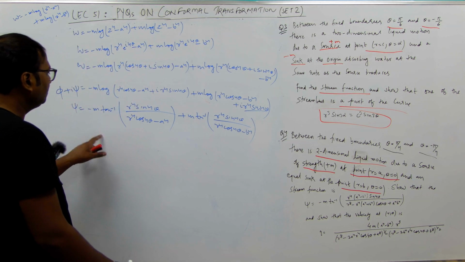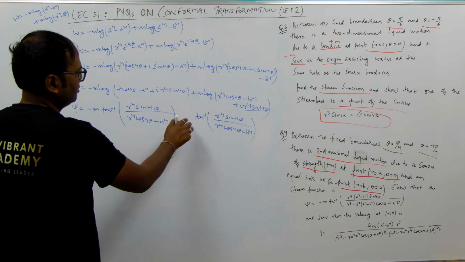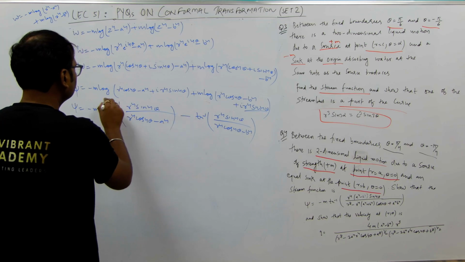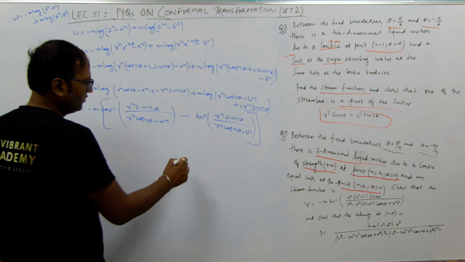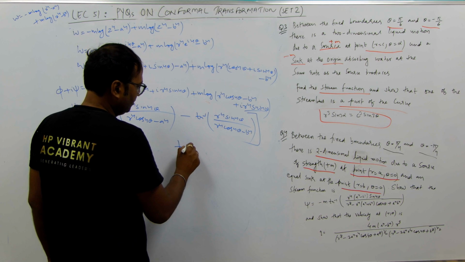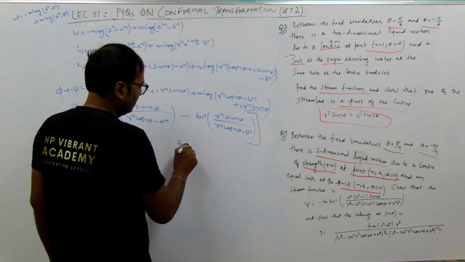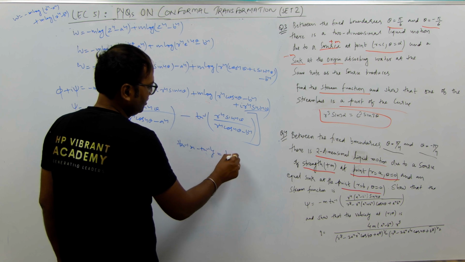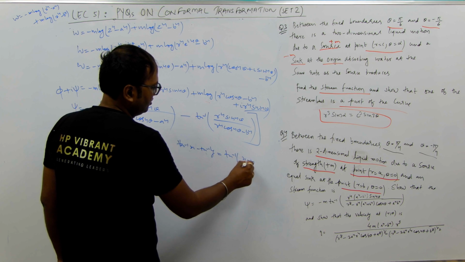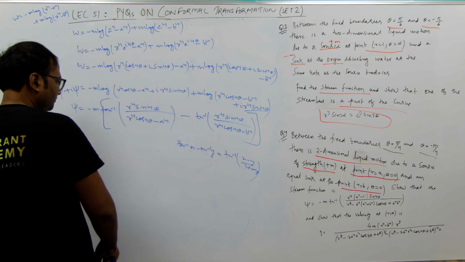Okay, so let us take m common. We have the formula tan inverse x minus tan inverse y is equal to tan inverse of (x minus y) upon (1 plus xy). Okay, so let us use this.